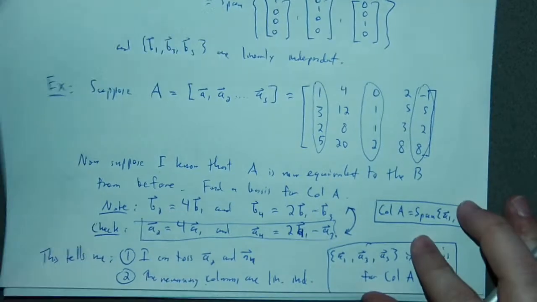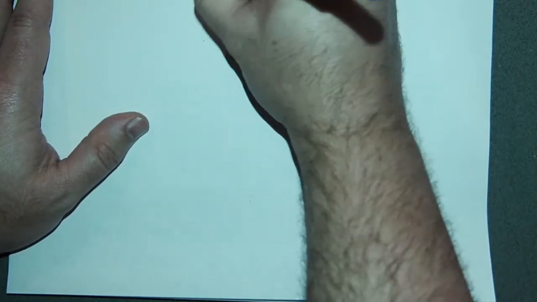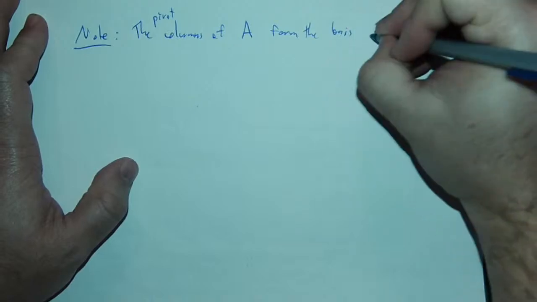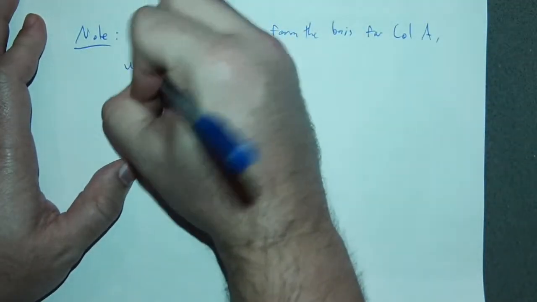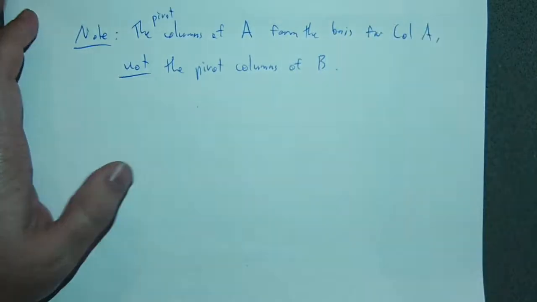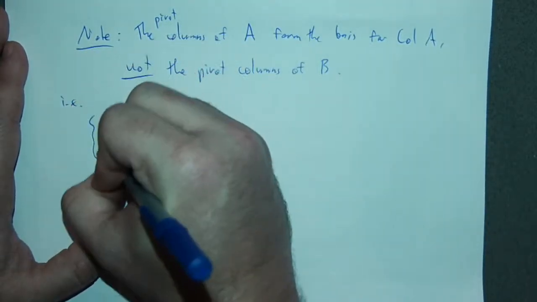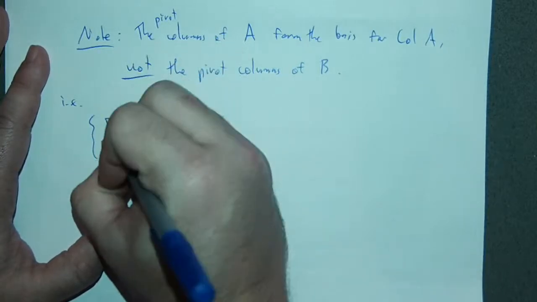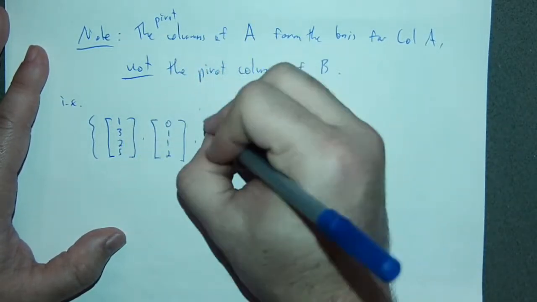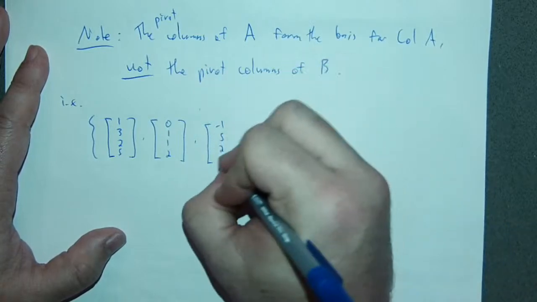Okay, note the pivot columns of A form the basis for the column space of A, not the pivot columns of B. I.e., in that example, the basis for A is 1, 3, 2, 5, 0, 1, 1, 2, and minus 1, 5, 2, 8.